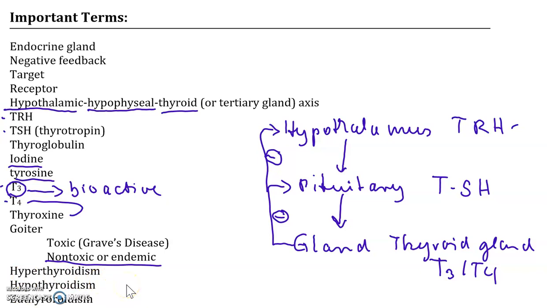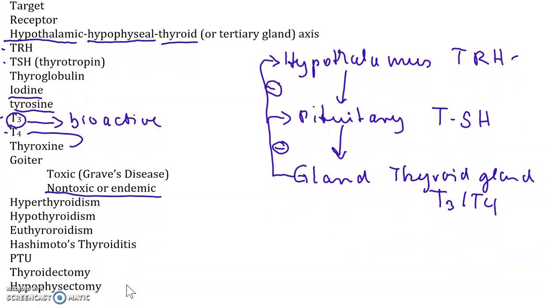So let's take a look at the remaining terms here. First one here is hyperthyroidism. Hyperthyroidism means that you have too much thyroid hormone, and since thyroid hormone is a stimulator of your metabolism, you would find that you have an ultra high metabolism. You can eat a lot of food, never gain any weight.